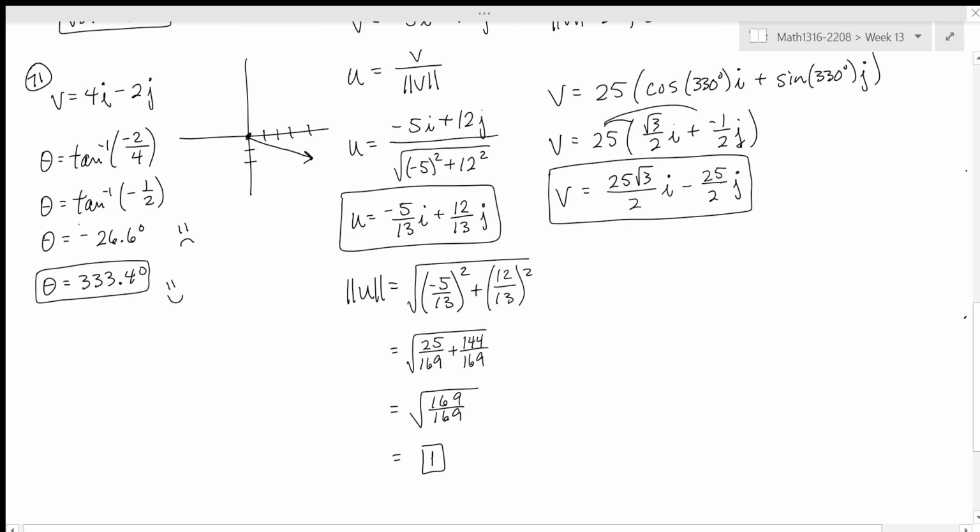Okay, so the negative 26.6 is that angle right here. Got it? So if I go from here all the way back to here, that's a full circle. And does that angle look like it's about 333.4 degrees? It does. It's in the fourth quadrant. It's really close to the x-axis. It's almost a 360, yeah. So we feel good about that.